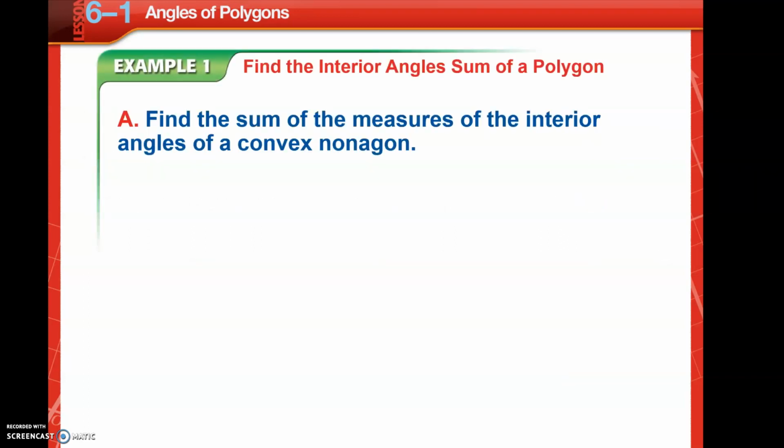So we want to first find the sum of the measures of a convex nonagon. So we have to talk a little bit about how the polygons are named.